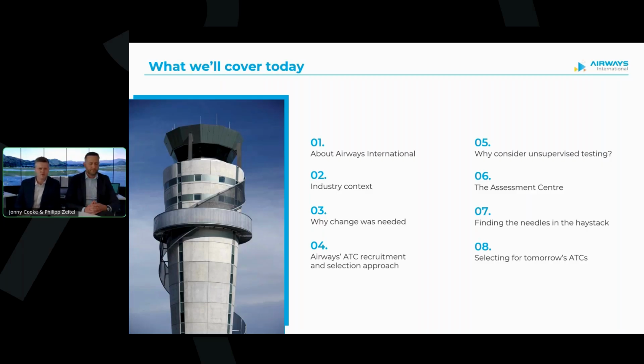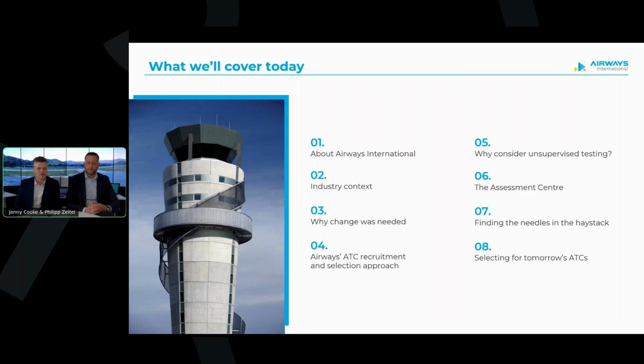We want to focus on two particular areas where we do things a little differently to what we see others doing. That will largely be our move to unsupervised testing for initial screening, and the rigorous assessment centres that we run as a final layer of selection, trying to find those clean candidates before they enter our training academies.